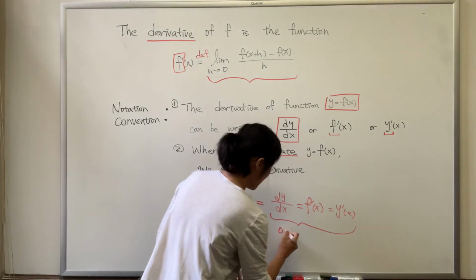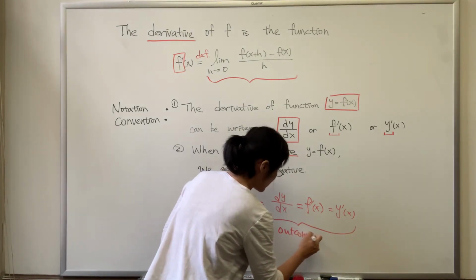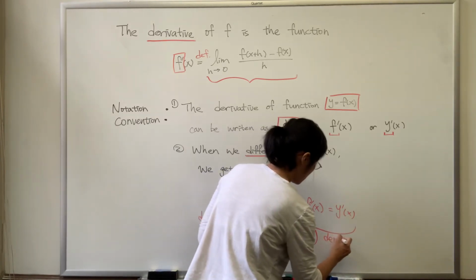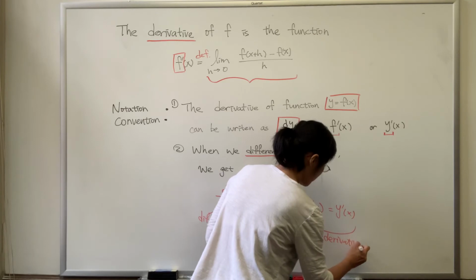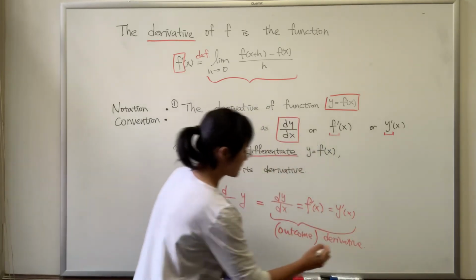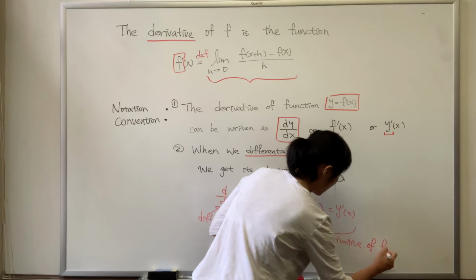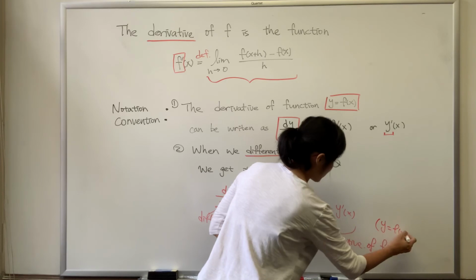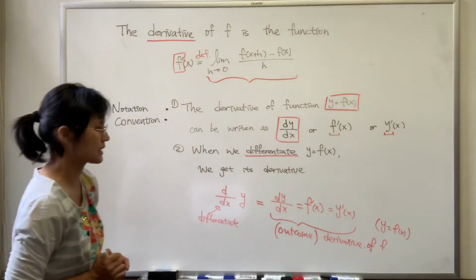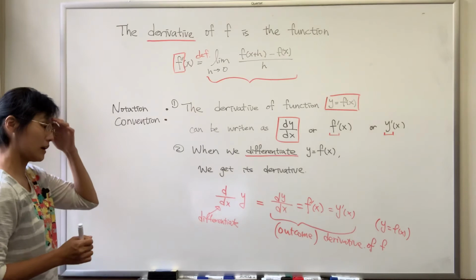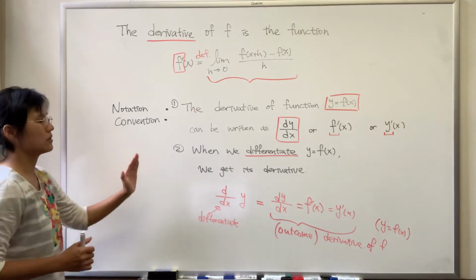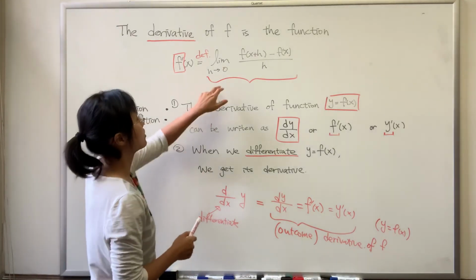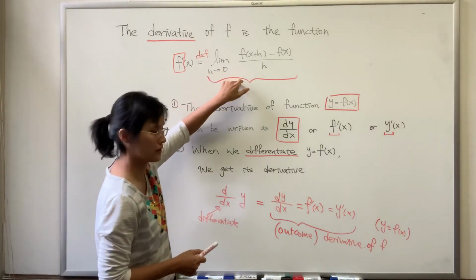So this is the outcome, and this outcome is so-called the derivative, okay? Derivative of f, or derivative of y equal to f of x, if you want to be a little bit more precise, okay? So from now on, when I say I differentiate a function, that means I'm looking for the derivative of the function.